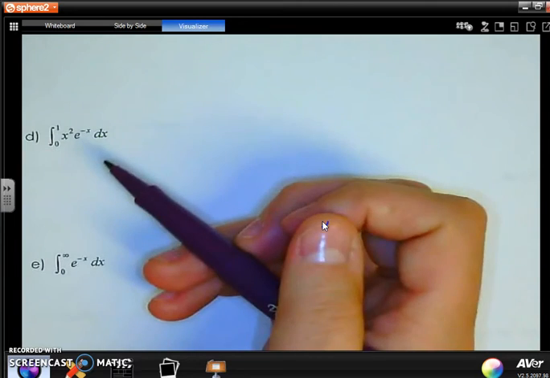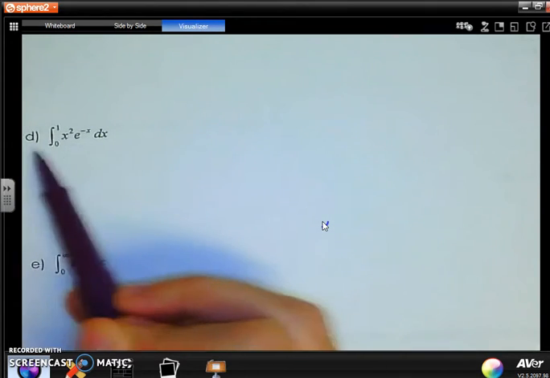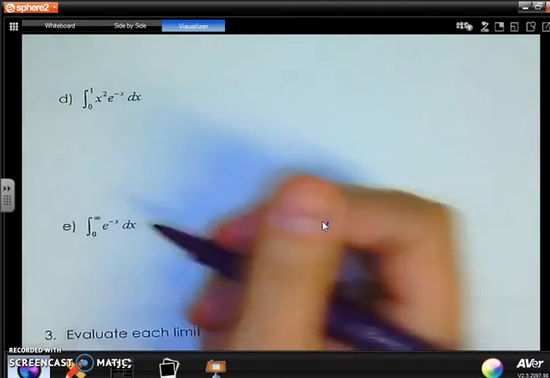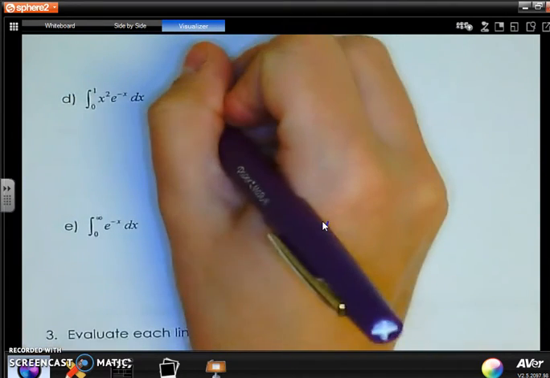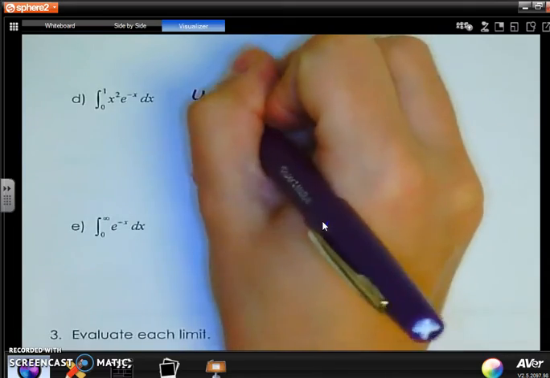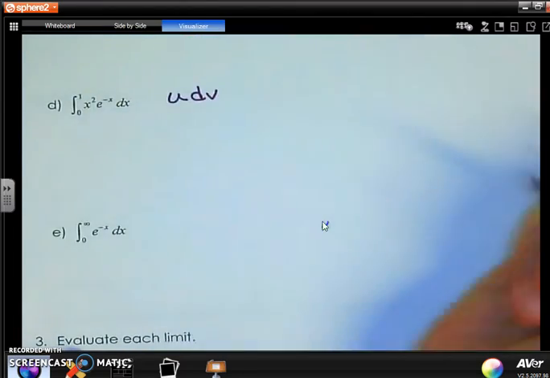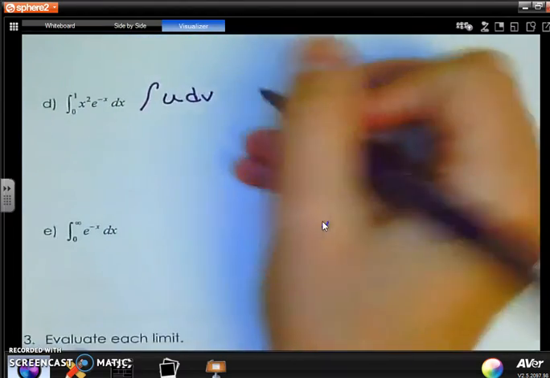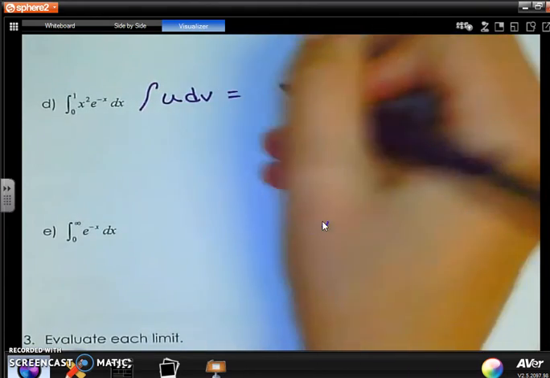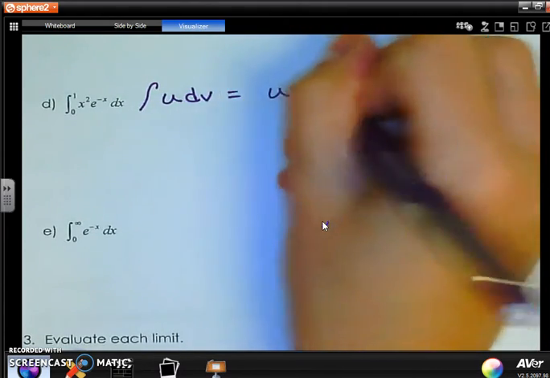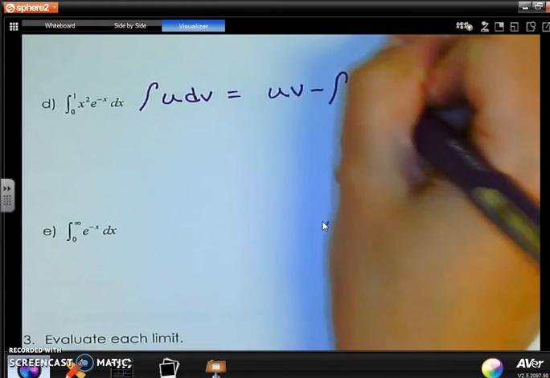All right, so this one is going to be an example of using integration by parts. So remember, when you're trying to integrate u dv, that's going to equal uv minus the integration of v du.